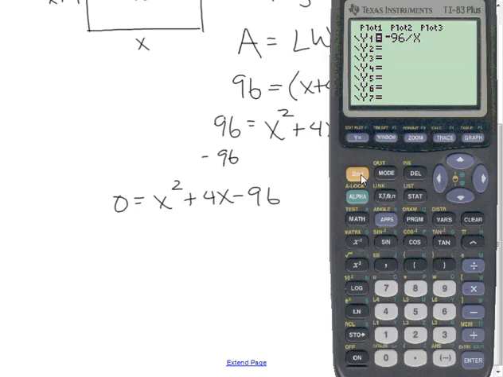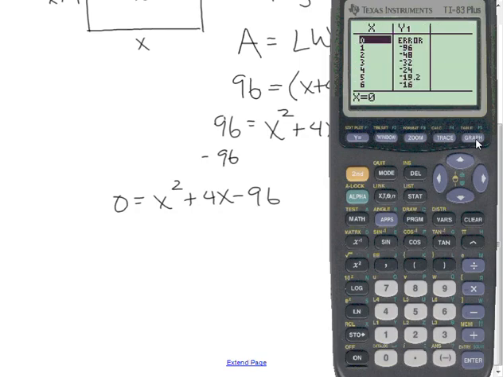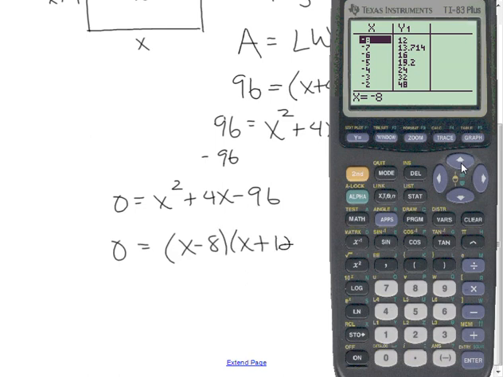I can just go to my calculator and do y equals negative 96 over x to find the factors of negative 96. To get a positive in the middle, we need to make the bigger factors positive. So I'll see if any of these add up to 4, and I see that they do by having negative 8 and 12. So I'll factor this as x minus 8 times x plus 12.